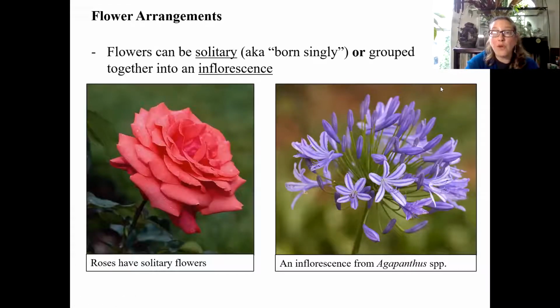All right, now we're going to talk a little bit about flower form and how different flowers are arranged on plants. This will be really useful if you're ever walking around and you see a plant with a flower on it and you want to figure out what kind of plant it is. You're learning different ways to describe plants.